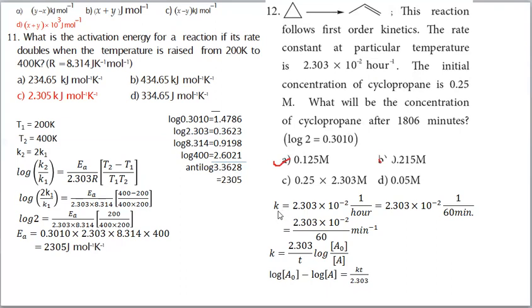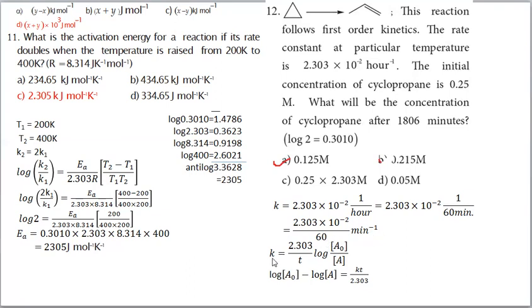So first we write K. K is equal to 2.303 into 10 to the power minus 2 per hour. That means 1 by hour equal to 2.303 into 10 to the power minus 2. Then we convert this hour into 60 minutes, so we get 2.303 into 10 to the power minus 2 divided by 60 per minute.